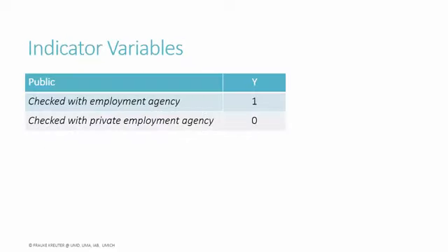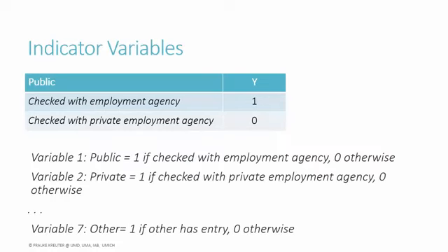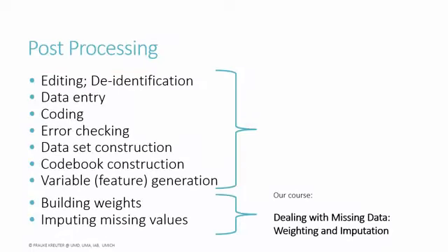And for each of these categories, you have to make sure that you say, okay, does it apply or does it not apply? So you end up having a lot of different variables, for example, public yes/no, private yes/no, and the like. So even though that looked like one question before, later on in your data set it will be 7 different variables or features generated out of this one question.